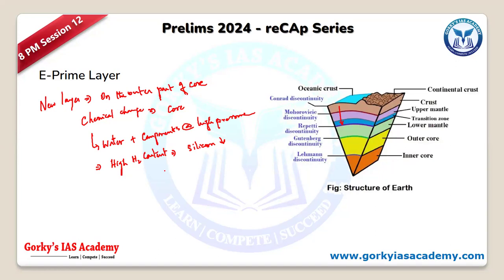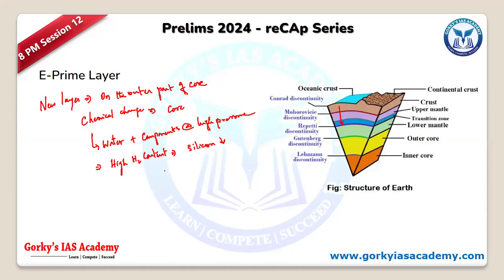So what they can ask is about the core. They can ask how the liquid part of the core, how the solid part of the core. So how the outer core is liquid, and inner core, how the solidification happens, and the percolation in these areas or discontinuities. What are all the various discontinuities, or simply whether the E prime layer lies between mantle and core, or between the outer core and inner core, or crust and mantle.